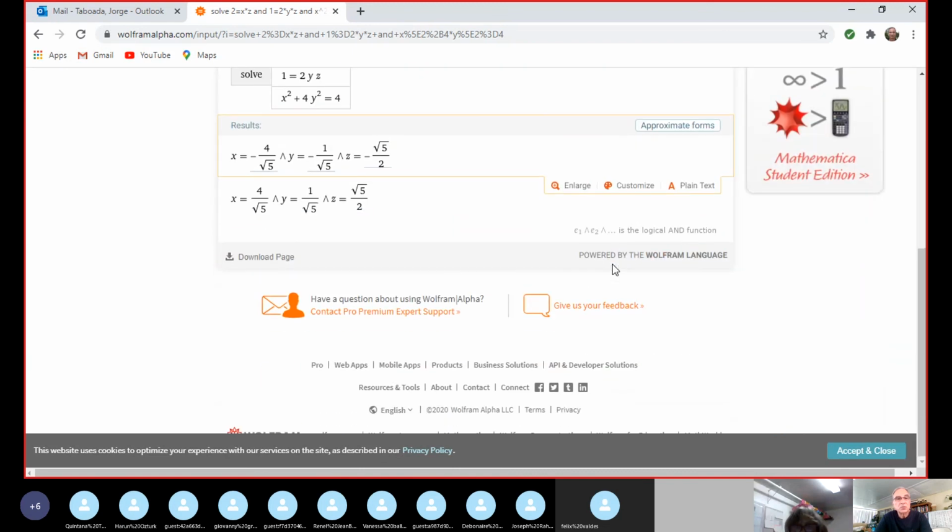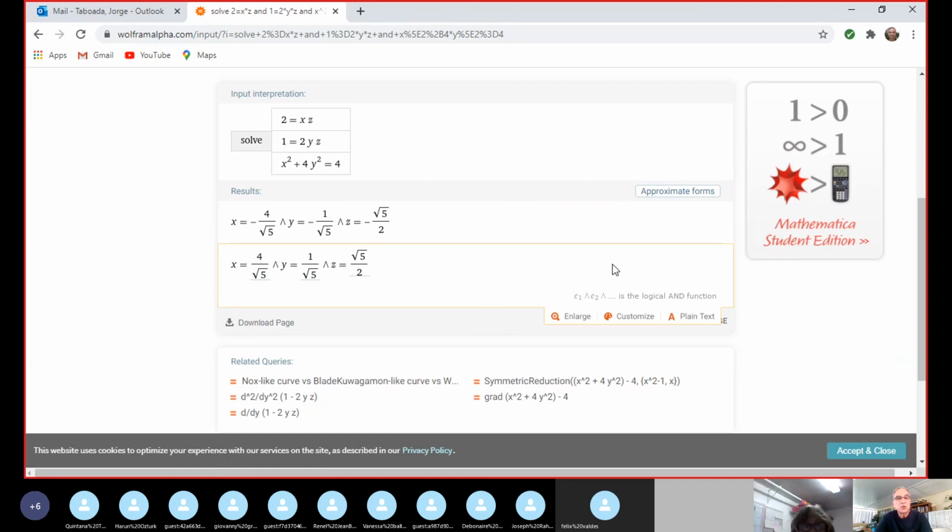Boom. Bada boom. So basically we obtain 2 points. The first point was x equal -4 over radical 5. This symbol can look like a power, actually it's not a power, it's "and". y equal -1 over radical 5.